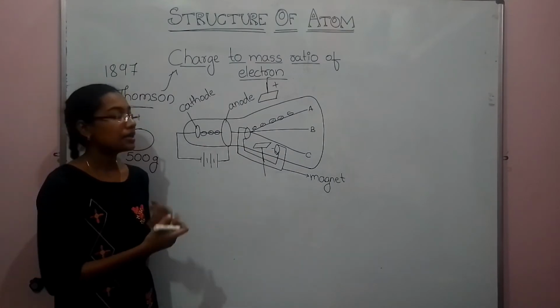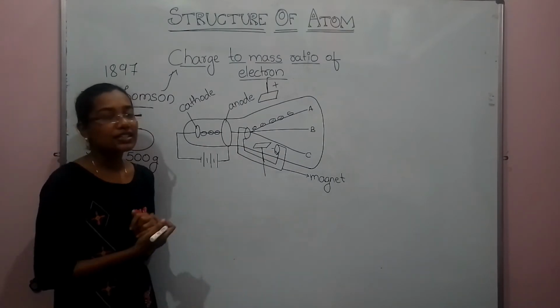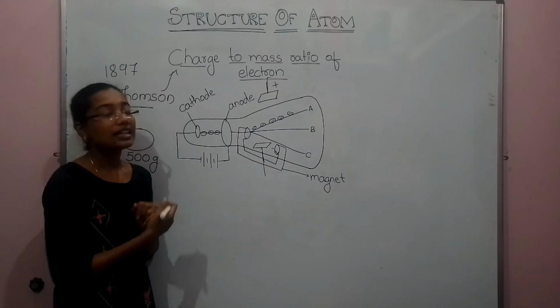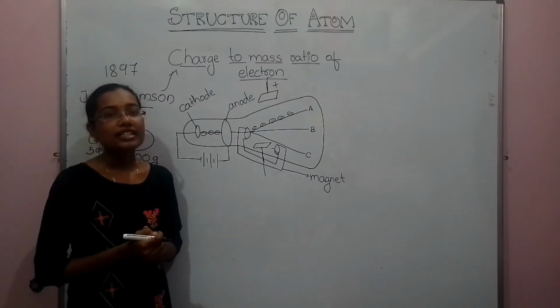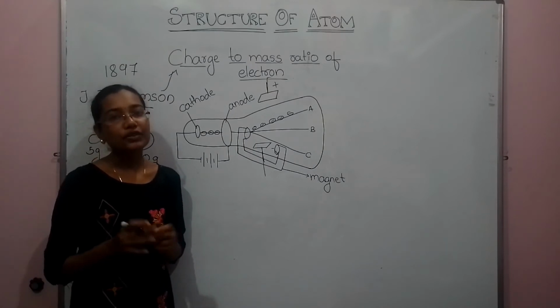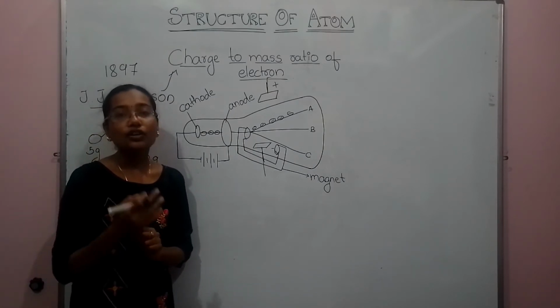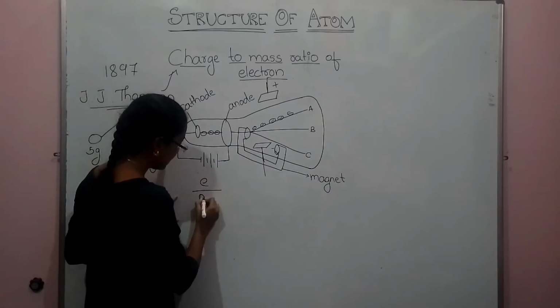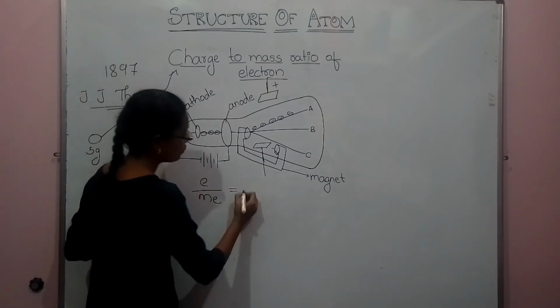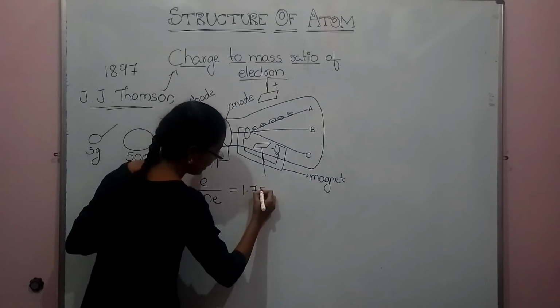By further studies on this experiment, he gave one charge to mass ratio value, that is 1.758820 into 10 to the power 11 coulomb per kg. Okay, that is e by me.